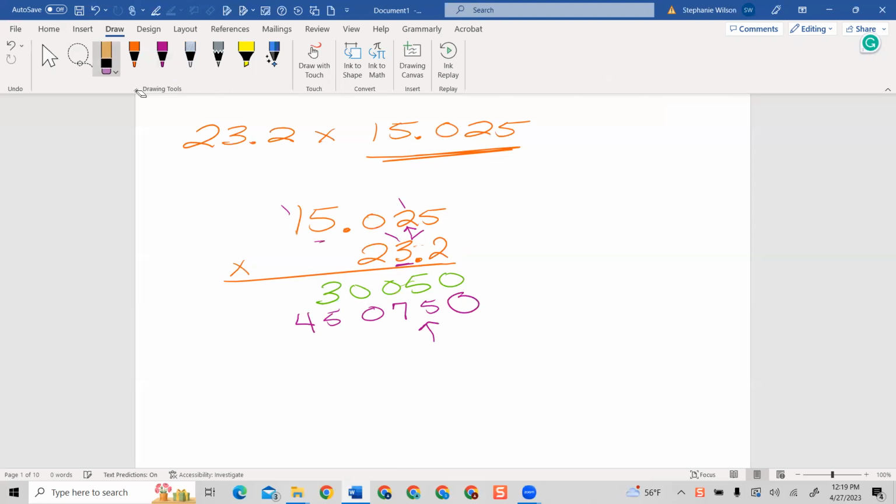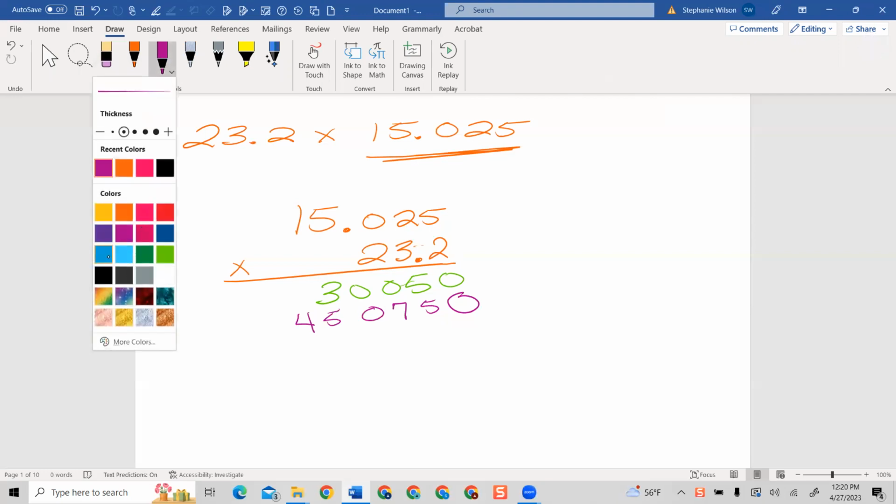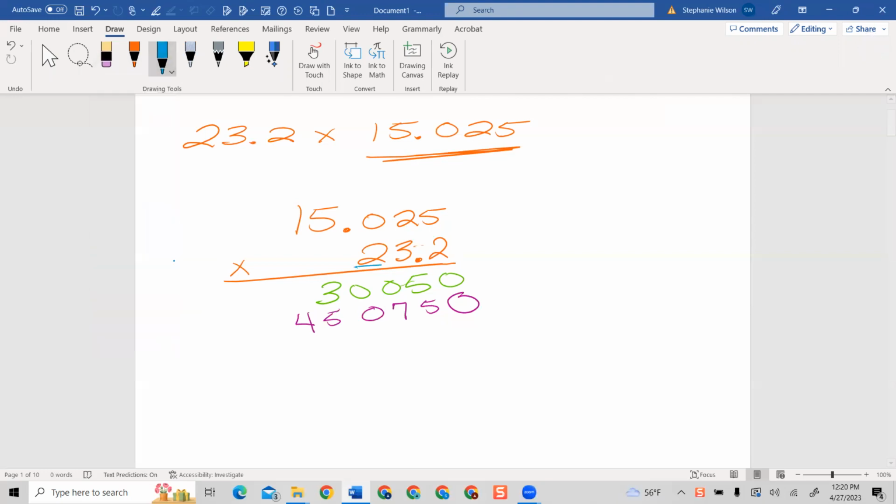Now let's clean this up a little bit. Okay. Now let's do this one. All right, now we're in the third column, so I need to make sure and scoot over. That way I start right here.